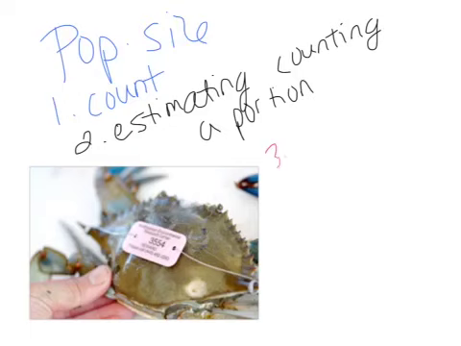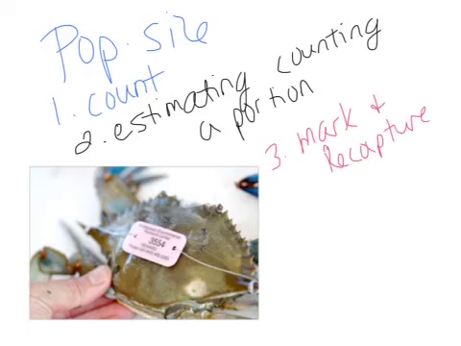The third is mark and recapture, and that's what you see happening at the bottom. With the mark and recapture technique, you first capture a limited number of individuals, not a bunch, just a random number.